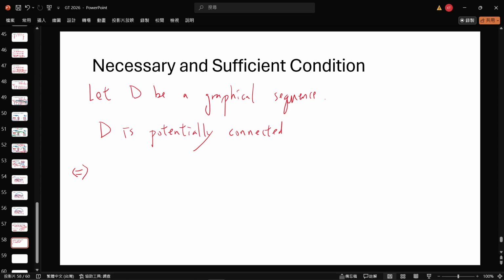So D is just D1, D2, up to Dn. So what can you say about a graph or about the degree sequence for some connected graph?